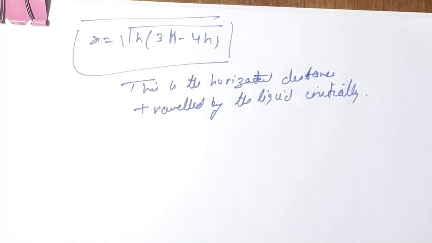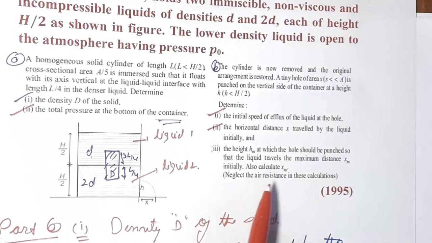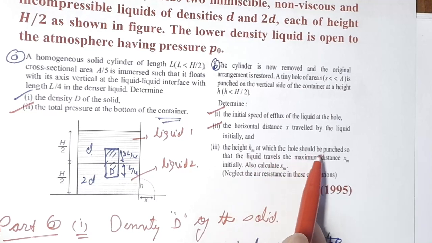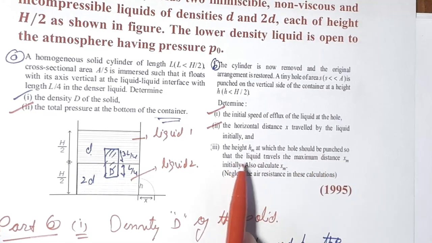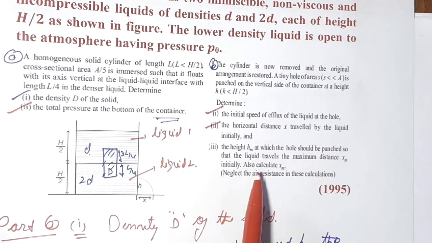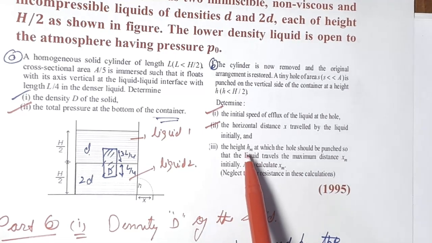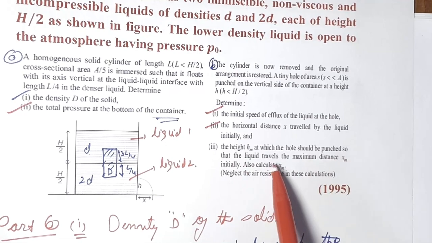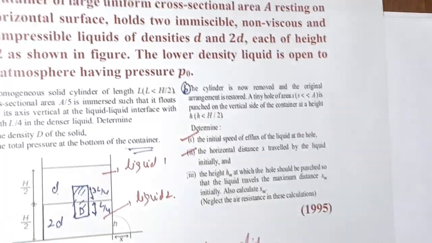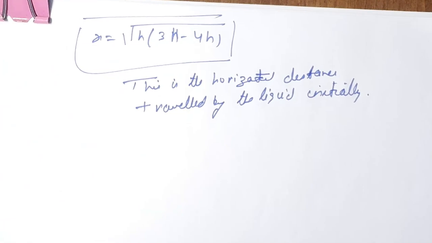And this completes our subpart 2, and we've now come to the last part: the height hm at which the hole should be punched so that the liquid travels a maximum distance xm initially. Also calculate xm. So we have to find out the height hm so that the liquid travels the maximum distance xm, and we have to find out our xm. We just calculated our x.